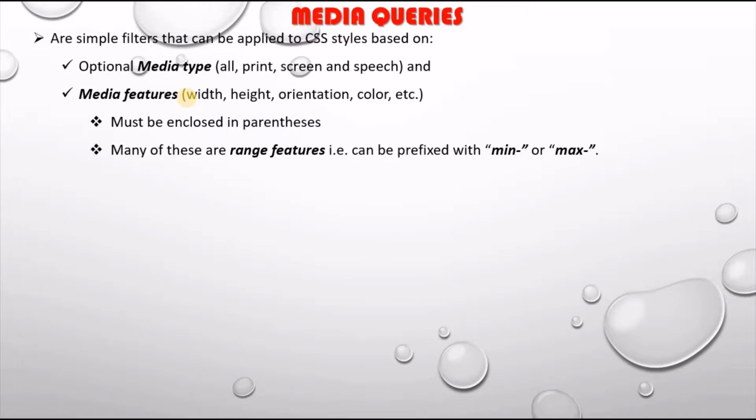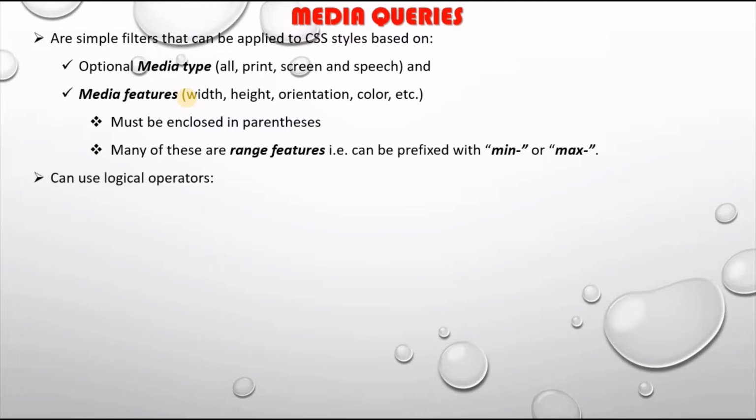So when you say min, for example min-width, we are saying the minimum width from which the selected styles should be applied. And when we say maximum, we are saying from the minimum, which is our mobile or the smallest which we are designing for, up to that maximum, the media query will be true.